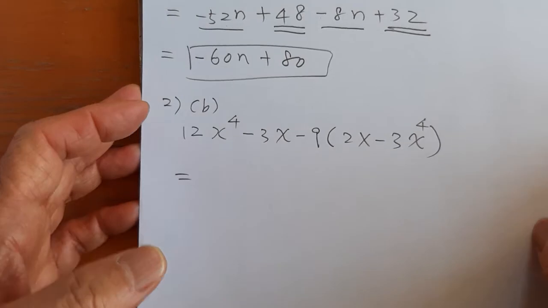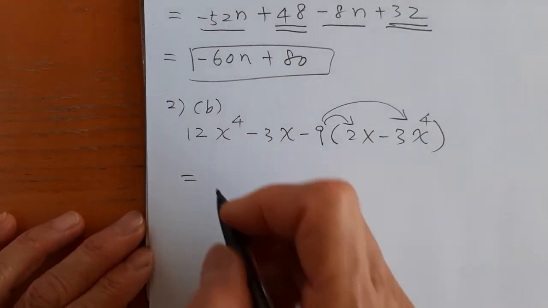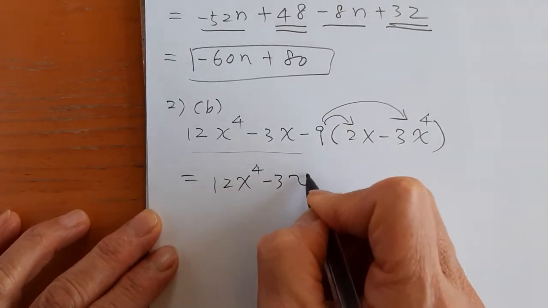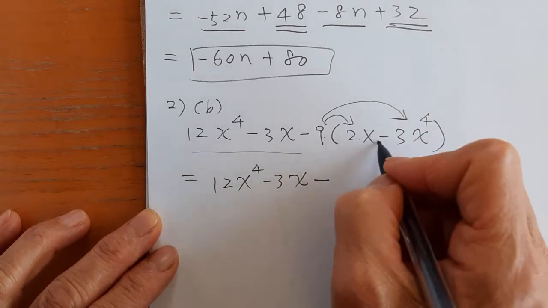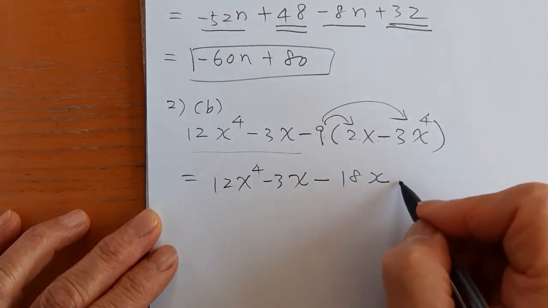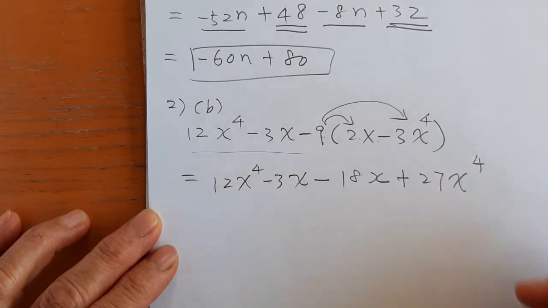So first of all, we have to remove the parentheses, use distributive property. So this copy down, 12x to the power 4 minus 3x minus 9 times 2x is 18x. Negative times negative timed together is a positive. 9 times 3, 27x to the power 4.